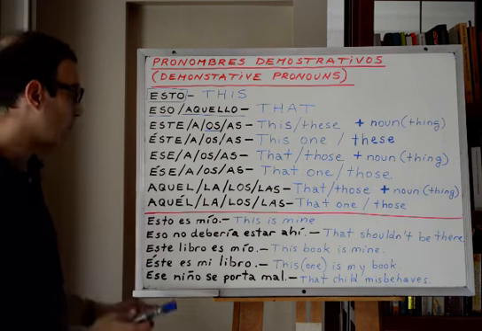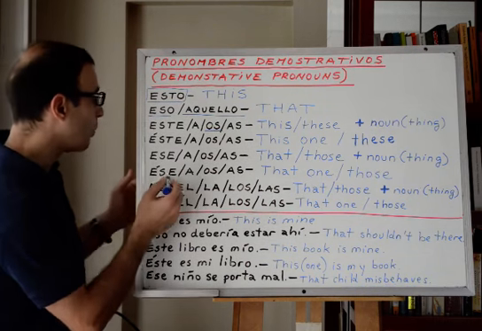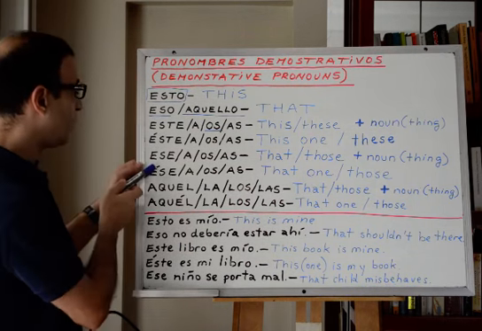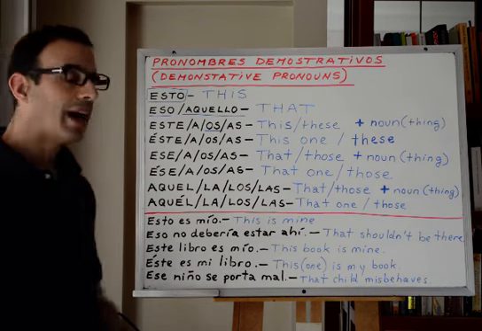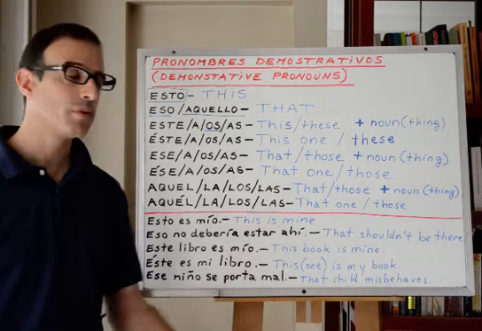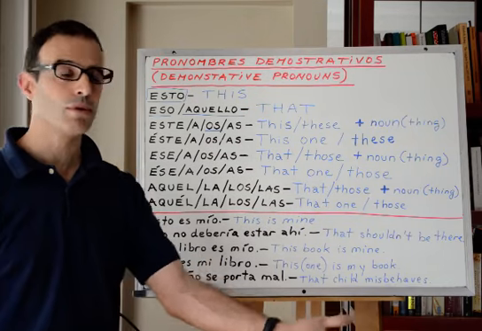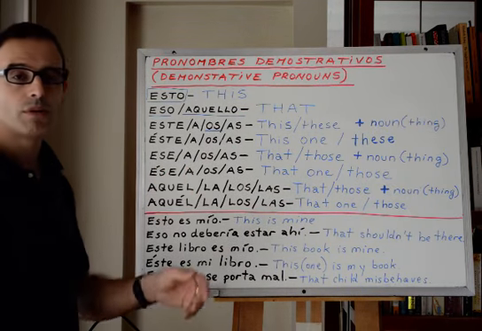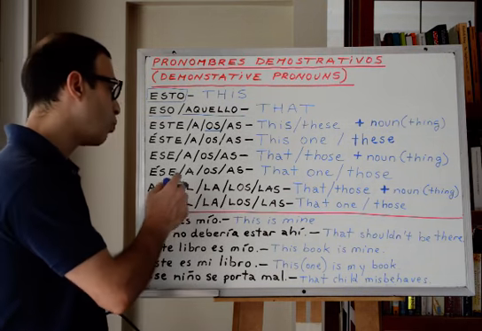So, ese and aquel mean the same thing. You can either use one or the other. Same thing with ése with the accent mark or aquél with the accent mark. I can say aquél es mi libro, or I can say ése es mi libro, right? Aquéllos son mis libros, or ésos son mis libros. Synonyms. You can choose to use one or the other.